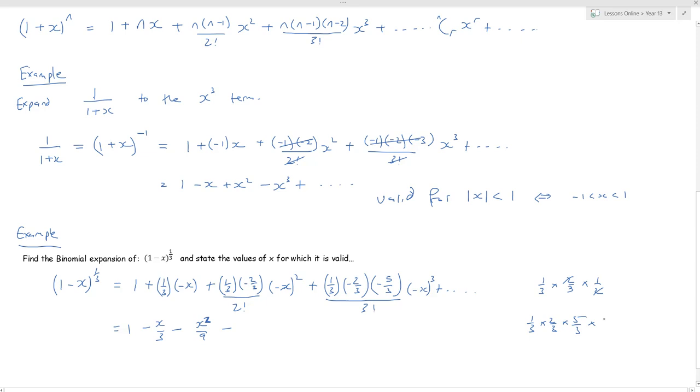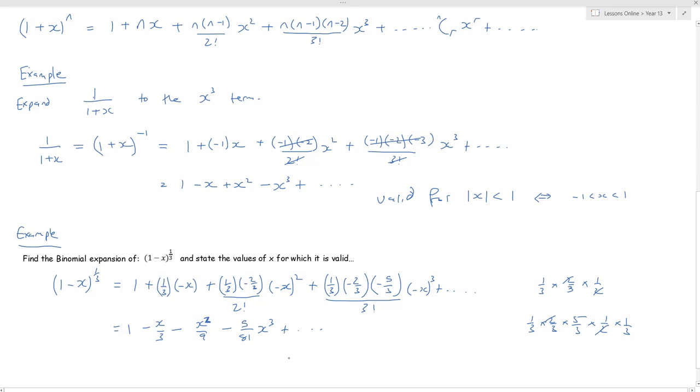So we can multiply by the reciprocal, 1 over 2 times 1 over 3. And we haven't got any more numbers. So the 2's cancel, leaves us with 5 divided by 4 3's. So that'd be 81, or 9 times 9. So minus 5 over 81 x cubed plus ad infinitum.